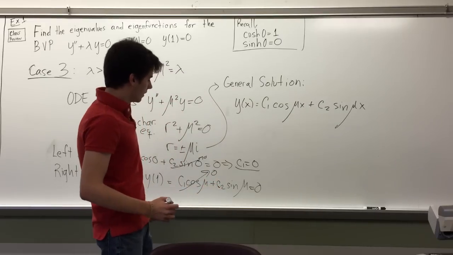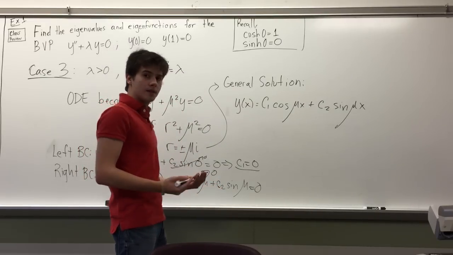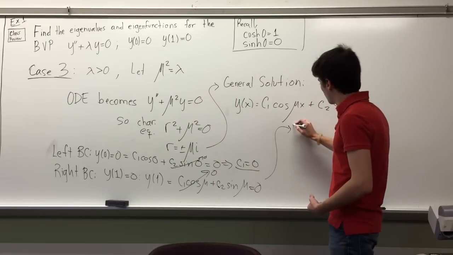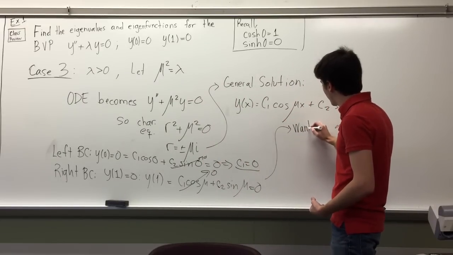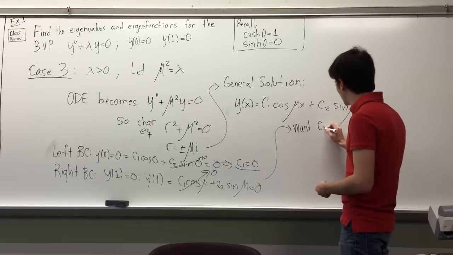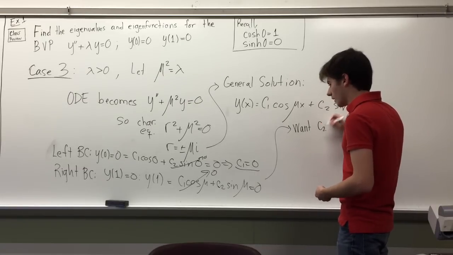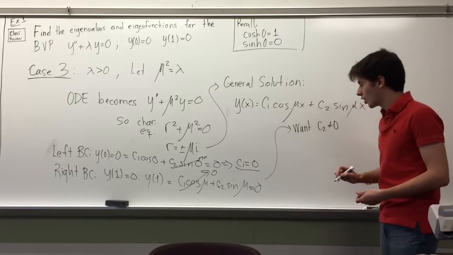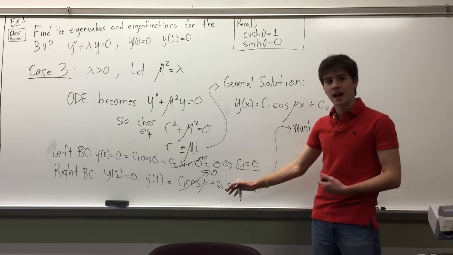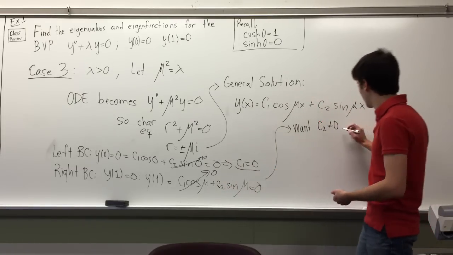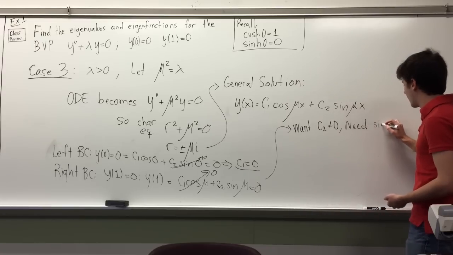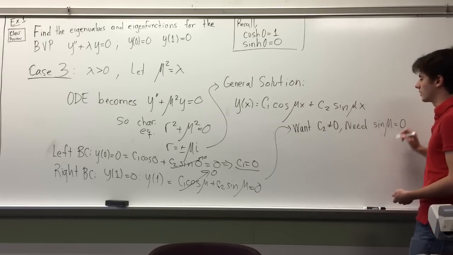Since we want to find the values where c2 does not equal 0, we need that sine of mu is equal to 0.